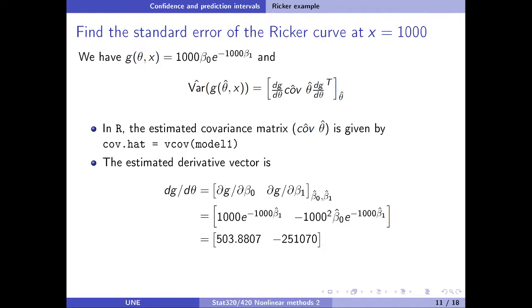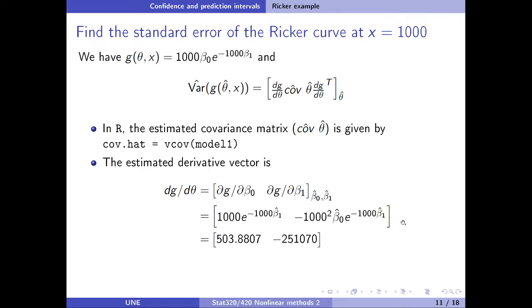The estimated derivative dg/d theta is just the row vector: the partial of g with respect to beta naught, and the partial of g with respect to beta 1. Now, in a mathematical statistics version, we would have the students actually calculate this component. In a more applied class, this would be done for the students, and we'd start off at the second line.